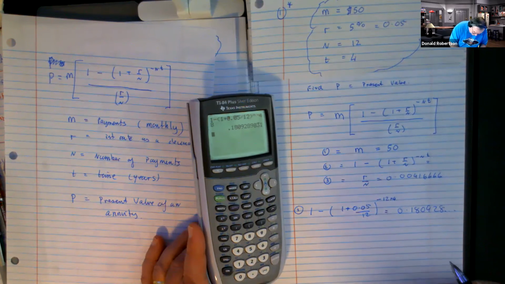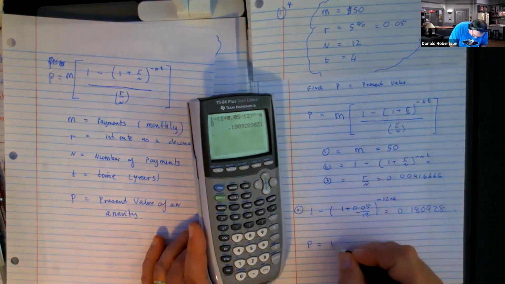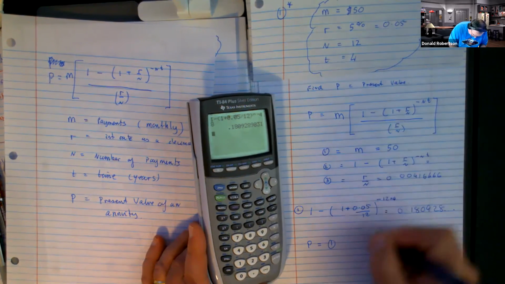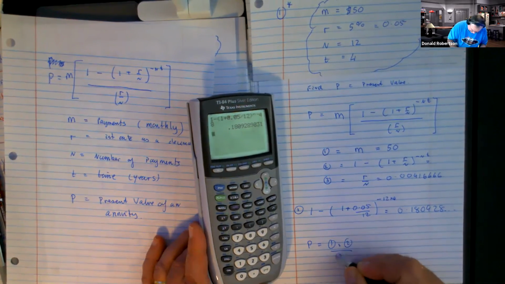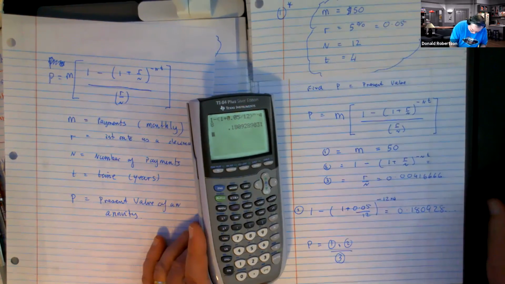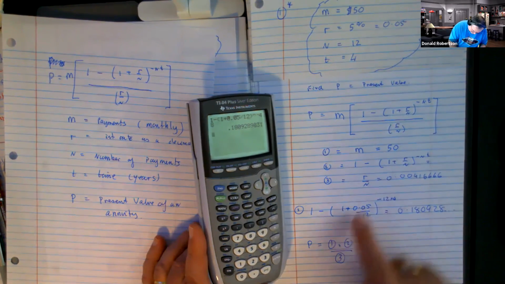So I now can do the whole kit and caboodle. P is M, which is number 1, times this ugly guy, number 2, divided by number 3. So 1 is M, 2 is this guy, and 3 is this guy.